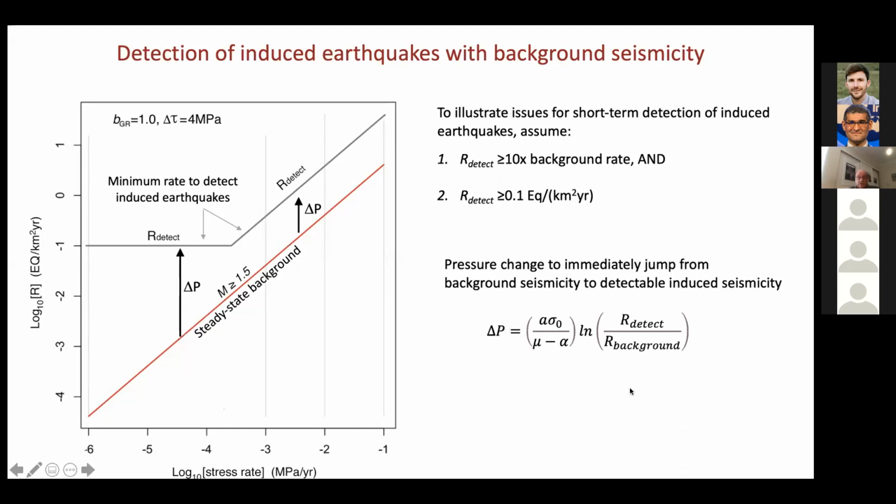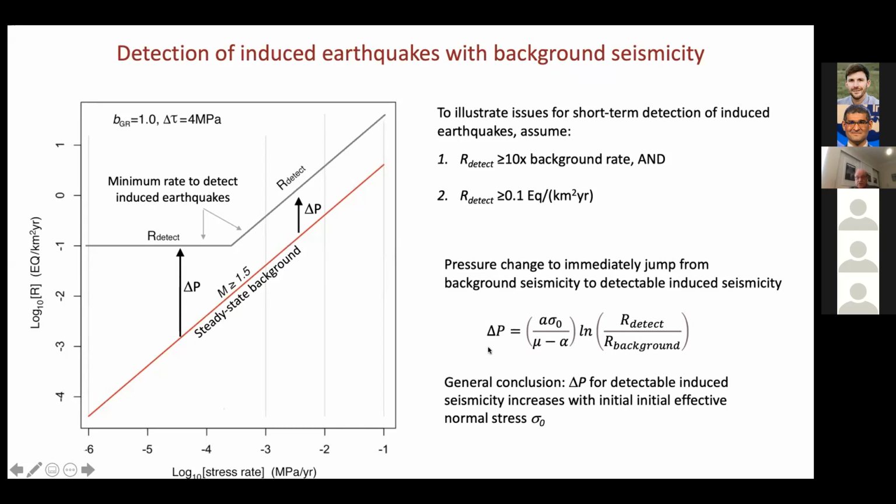Now, with that background, we can determine from the rate equation what change in pressure is necessary to have detectable induced earthquakes. My argument is that any change in fluid pressure will change earthquake rates, but the point is, at what point does that become detectable? And we can solve for that.